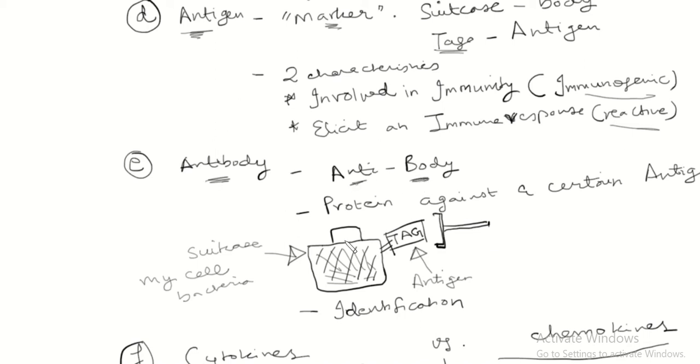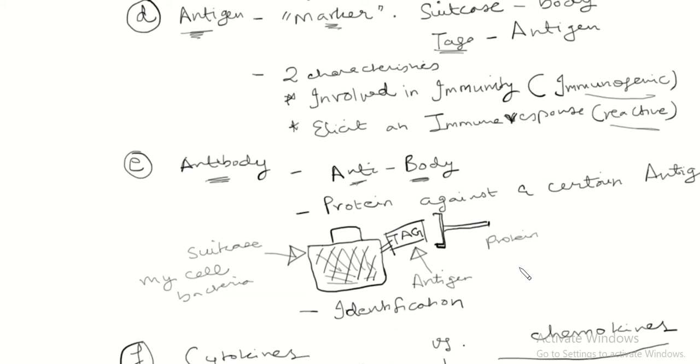So I have my suitcase and I have a tag, which is my antigen. What antibody does is it's a protein which fits in perfectly with this antigen tag. So that's what an antibody is. That's the simplest way to think about this.